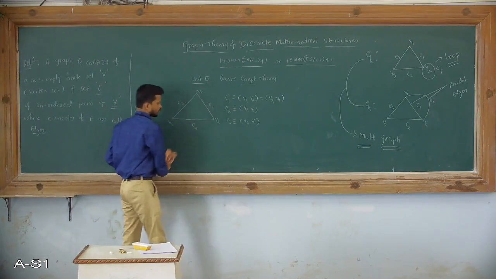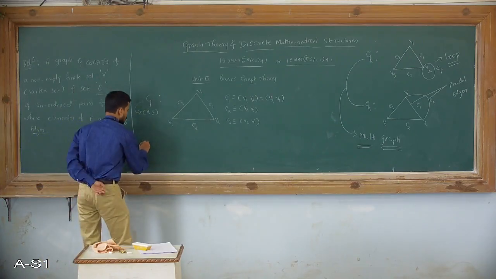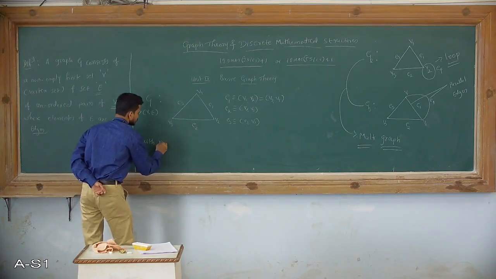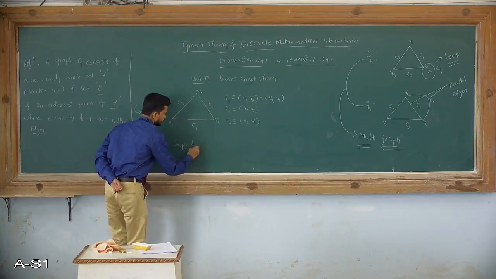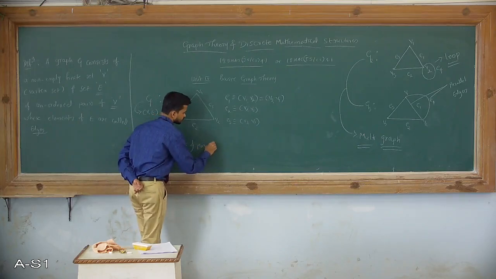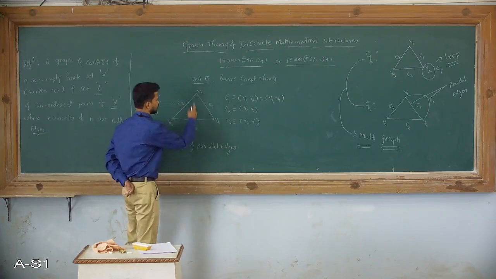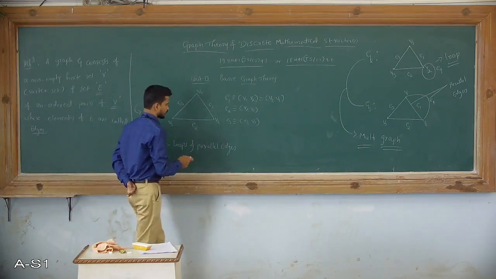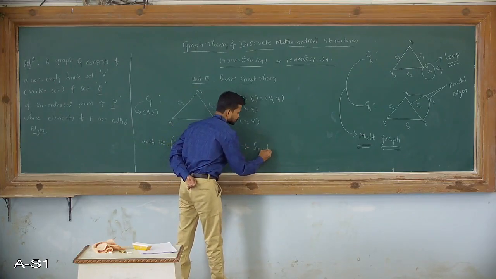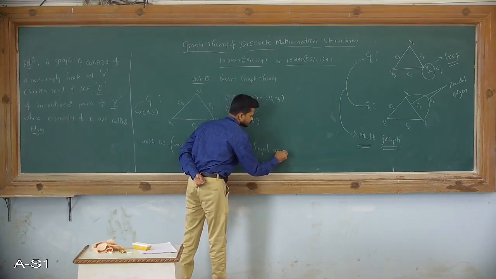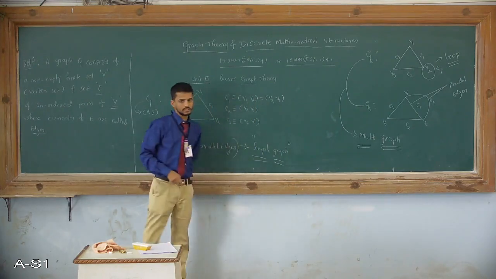If a graph G has no loops and no parallel edges, it is called a simple graph. So this type of graph is called a simple graph.